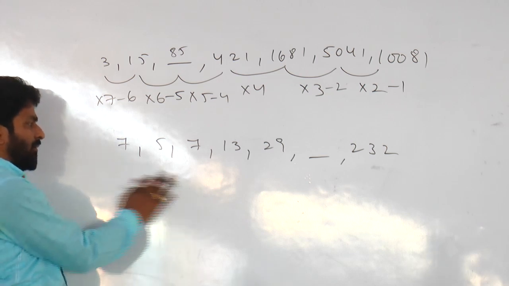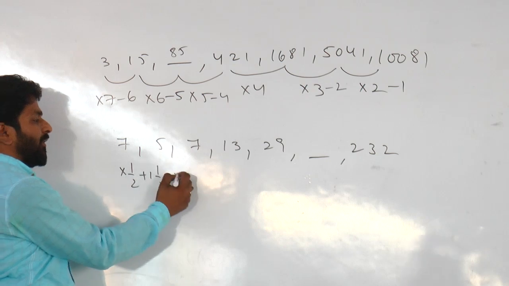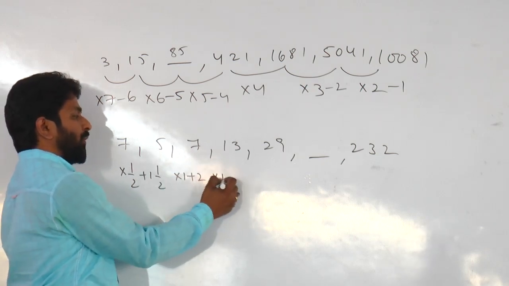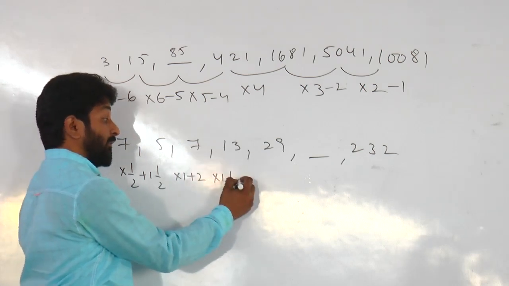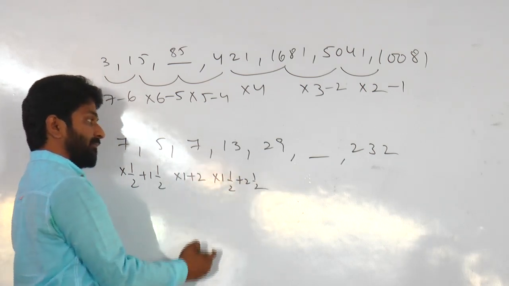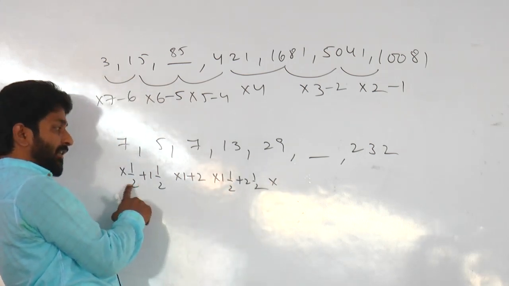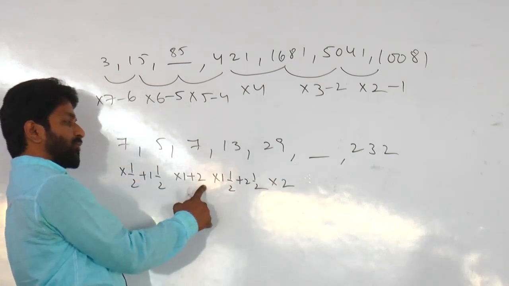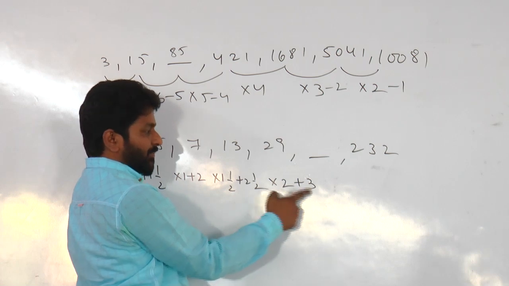Into half plus 1, and half into 1 plus 2, into 1 and half will give you 10.5 plus 2 and half. Next must be into 1 and half, into half, into 1, into 1 and half, into 2. 1 and half plus 2 plus 2 and half plus 3. 13 2 times is 26 plus 3.